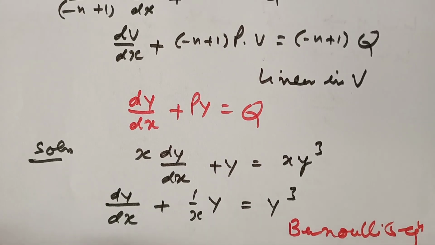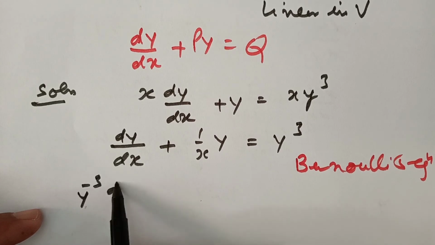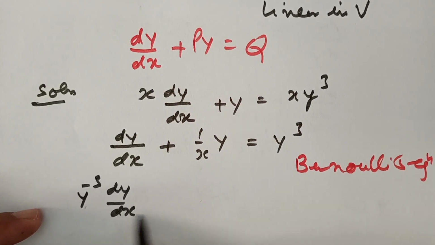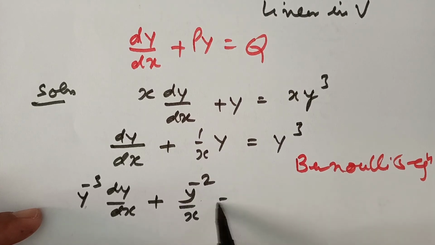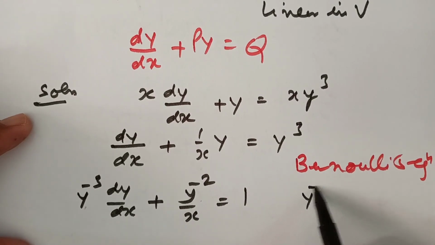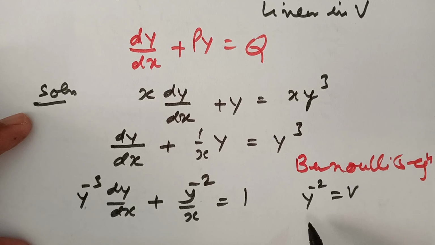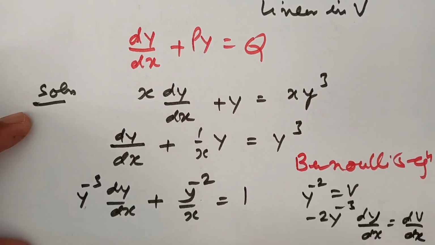On dividing by y cube, we get y minus 3 dy by dx plus y minus 2 times 1 upon x is equal to 1. Next step is we put y minus 2 is equal to v. Differentiating, minus 2 y minus 3 dy by dx is equal to dv by dx. Okay, so this is the next step.